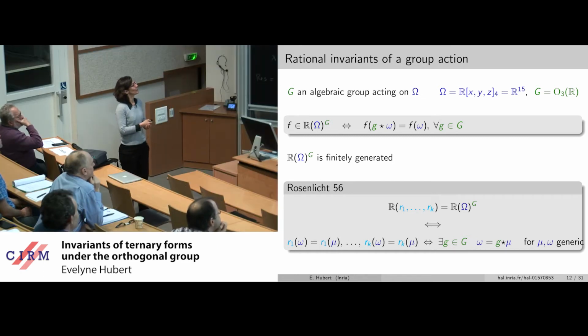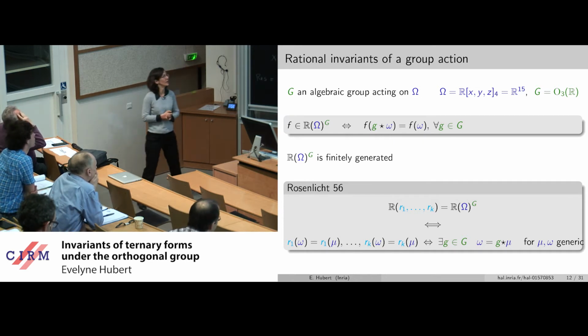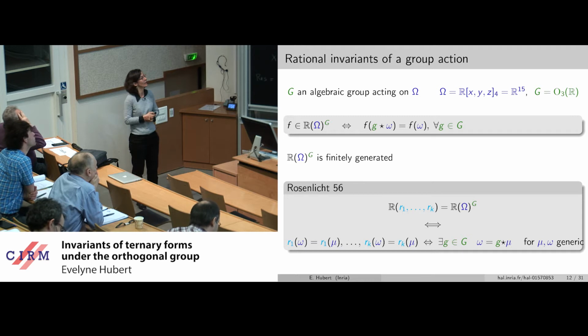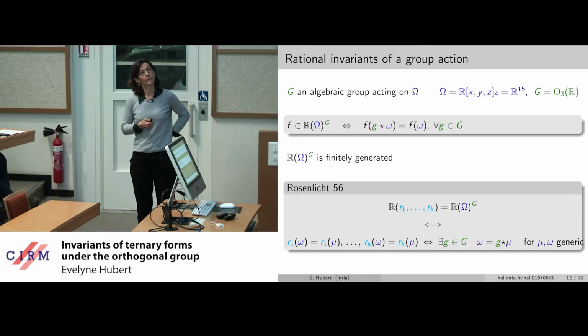So we have a small introduction now on rational invariants. If we have a group acting on a big space omega, here omega is the space of degree 4 polynomials, a 15-dimensional space, and we have an action, which I have described, of the orthogonal group on this space.